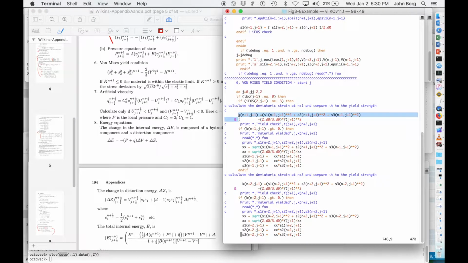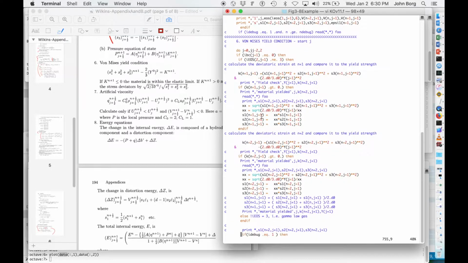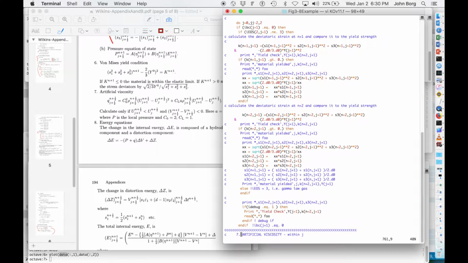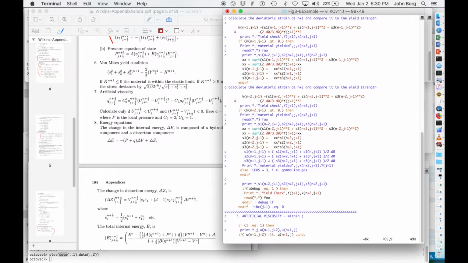I'm calculating my K value, and here I'm calculating this XX as a dummy variable to calculate the distance back to the yield surface. And so here we're placing the deviatoric stress back on the yield surface. And then I do that both at the current time step, the half step, and the whole step, just so that I have all of the data.